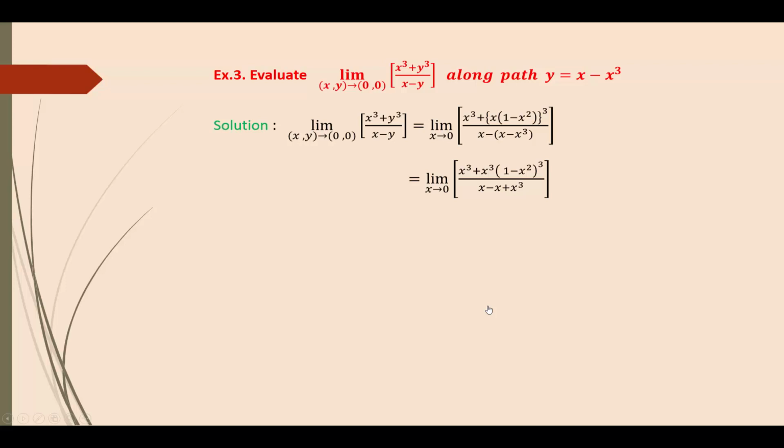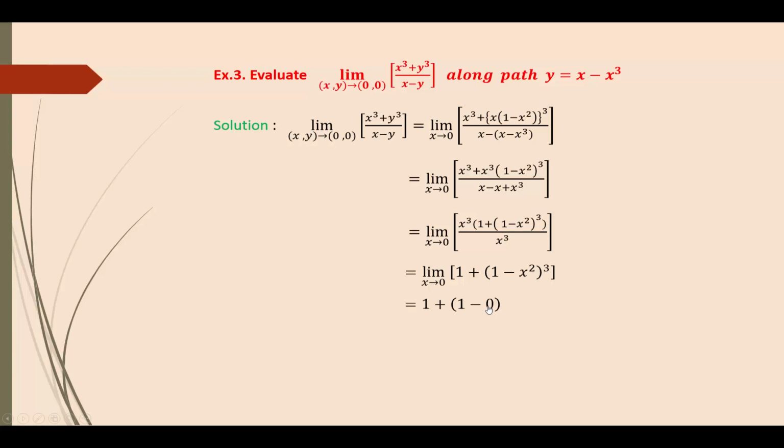Limit as x tends to 0 of [x cube plus ...] upon x cube. Here x cube is common inside the bracket: 1 plus (1 minus x) whole cube, plus x minus x cancel, here remains only x cube. This x cube and x cube cancel, remains only 1 plus (1 minus x) whole cube.